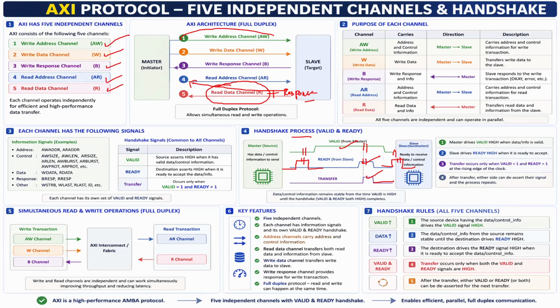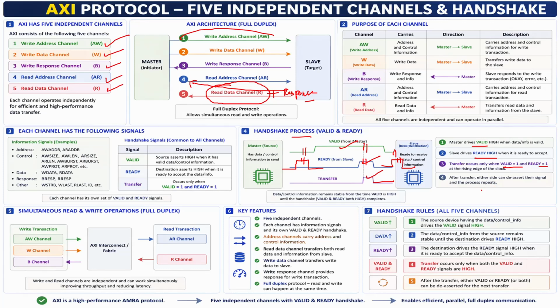Whenever valid and ready are both high, then only the transfer will happen. The master sends valid high and the slave sends ready high, both at the same clock edge, then only we transfer the data.